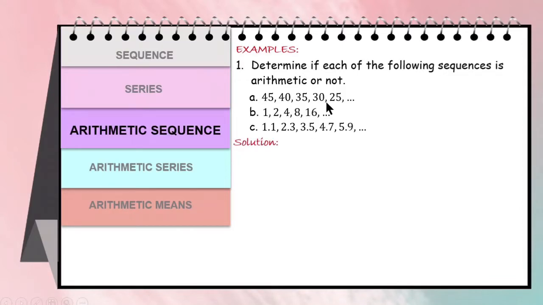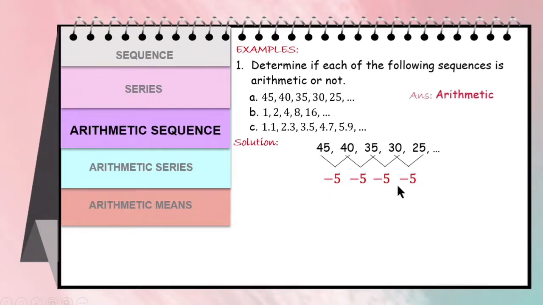Letter A. The sequence is 45, 40, 35, 30, 25, and so on. Let us see if there's a common difference by subtracting a term from the previous term. 40 minus 45 is -5, 35 minus 40 is -5, 30 minus 35 is -5, and 25 minus 30 is also -5. Therefore, this is an arithmetic sequence.